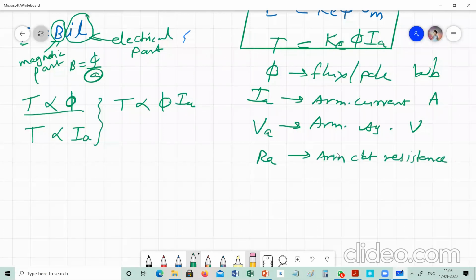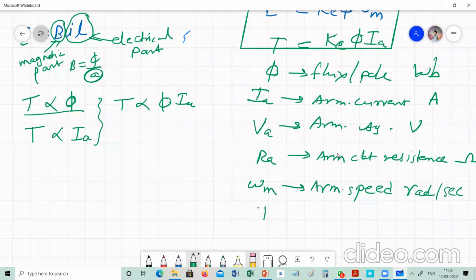Its unit is obviously ohm, and omega m is the armature speed or motor speed. Its unit is radian per second. You have to remember these units while solving the problems.